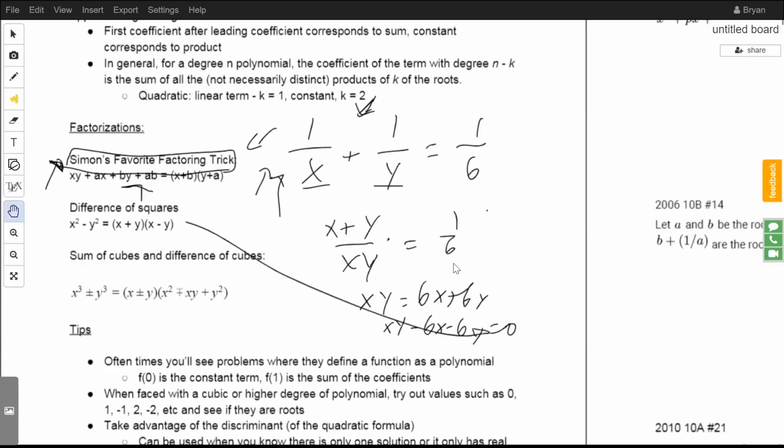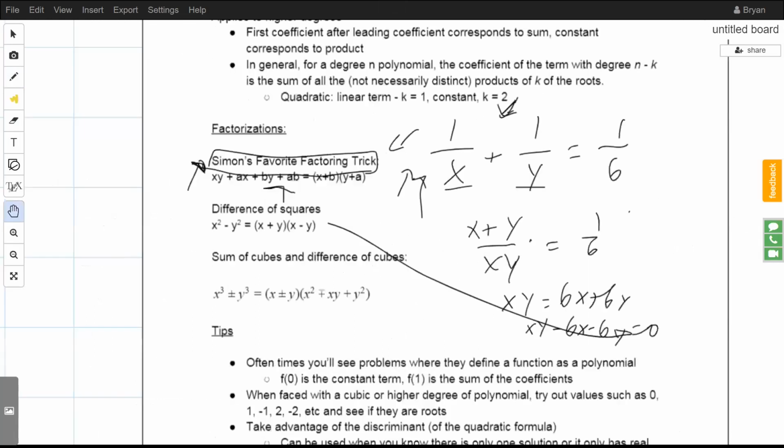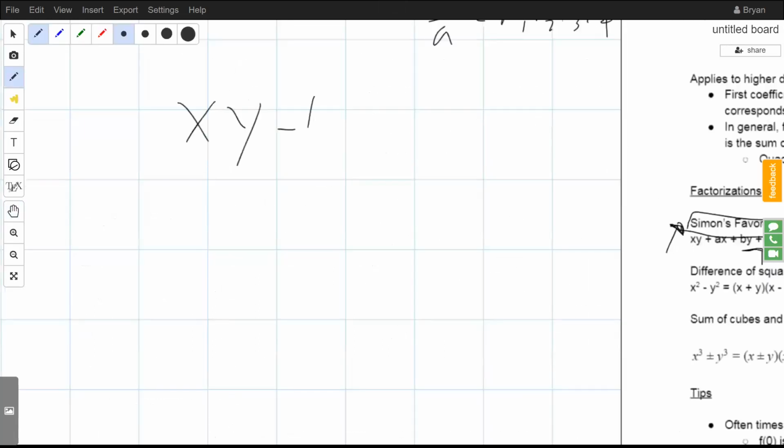Let's just do this problem over here. So we know that xy minus 6x minus 6y equals 0. Then we can add 36 on both sides. So what do we get?